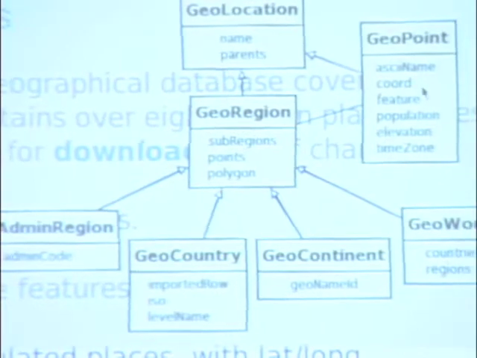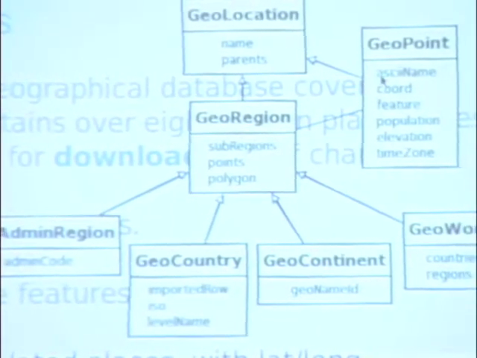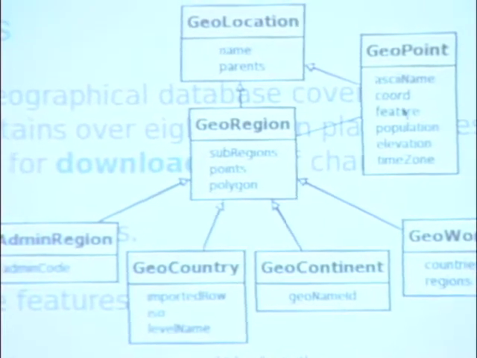This is the model that I built, very simple. This reflects their model. So the main root class is a geolocation, and that can be represented as a region or a point. The point is the city, and this coordinate here is the latitude, longitude of the center of the city.